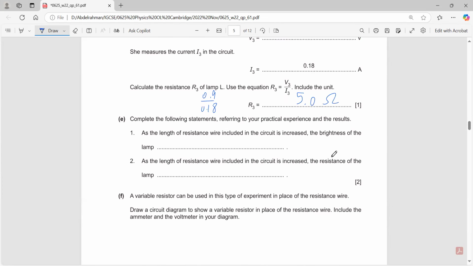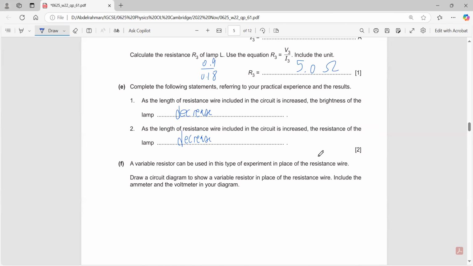Therefore, the brightness of this lamp would definitely decrease as the length of the wire included increases. What happens to the resistance of the lamp? The resistance as well decreases. So you can say the resistance decreases, the potential difference decreases, the brightness decreases. They are all directly proportional.